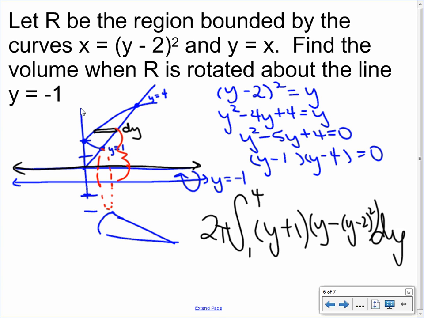Because our rectangles, okay, this is our height, right? And so remember, anytime we're finding length, we're talking about right minus left. So y is on the right and the parabola is on the left. Any other questions?